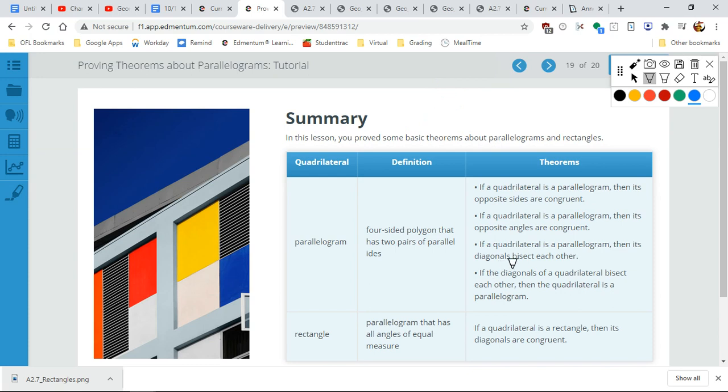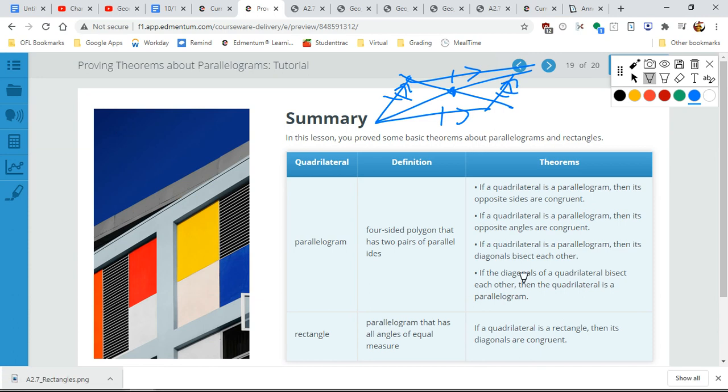And then this one: if the diagonals of a quadrilateral bisect each other, so if we have any four-sided figure and these two bisect each other, then we know it has to be a parallelogram. And I'm marking that the sides are congruent and the sides are parallel.